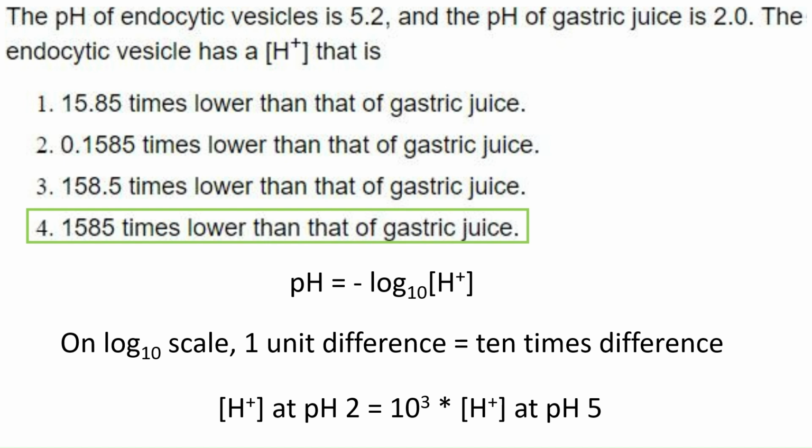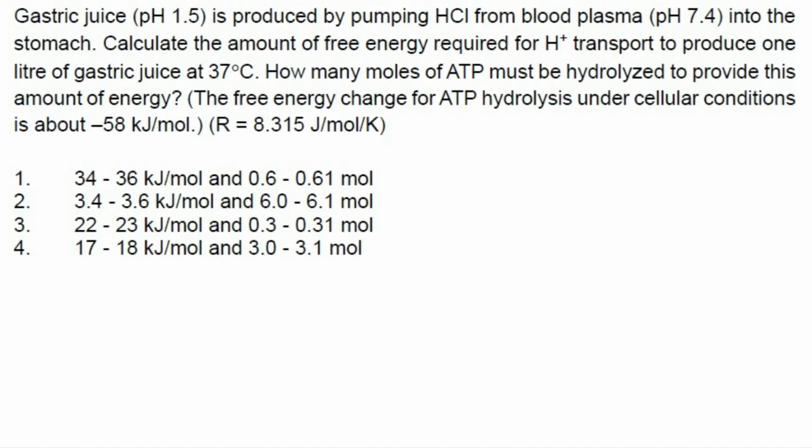Now, on to our third and most complicated question out of all the three. So the question is, gastric juice, which has a pH of 1.5, is produced by pumping HCl from blood plasma, that has pH of 7.4, into the stomach.